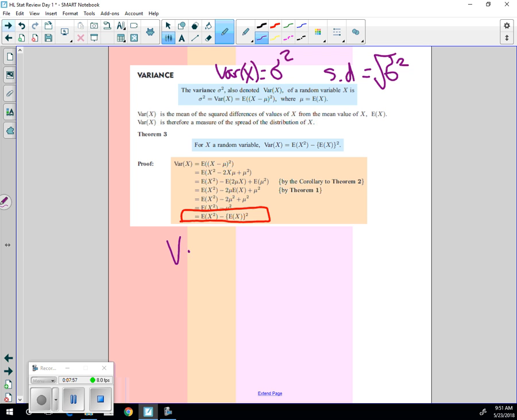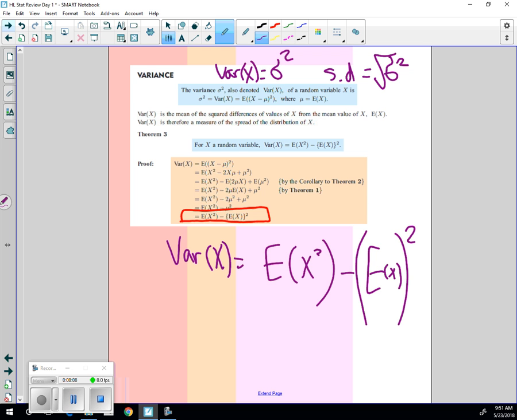So whenever we look at variance, I think we talked about this, didn't we? It's the expected value of x squared minus E of x quantity squared. Now look at what happens with the continuous. Watch this carefully. The variance of x is going to go from negative infinity to infinity.